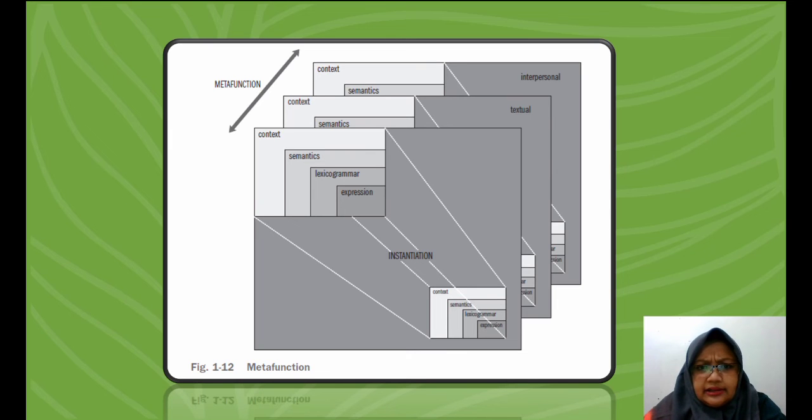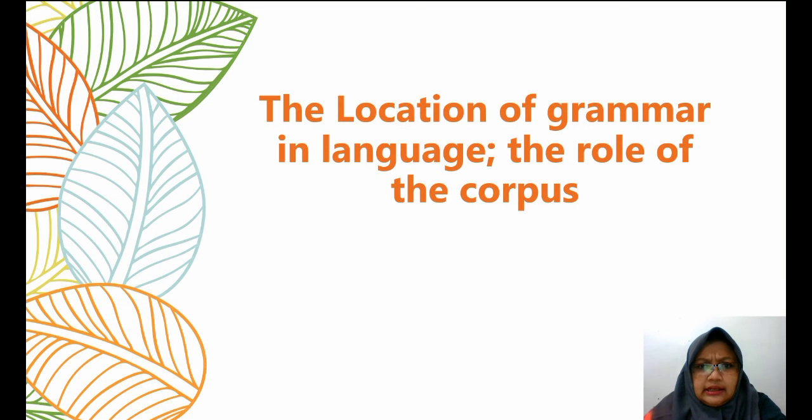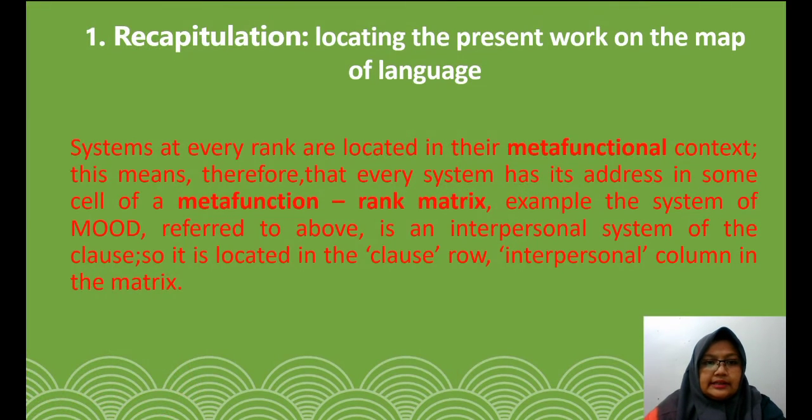And then next, now we are discussing the location of grammar in language, or the role of the corpus. First, recapitulation, or locating the present work on the map of language.